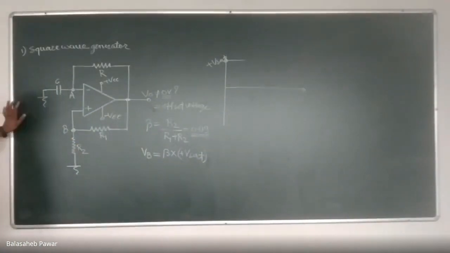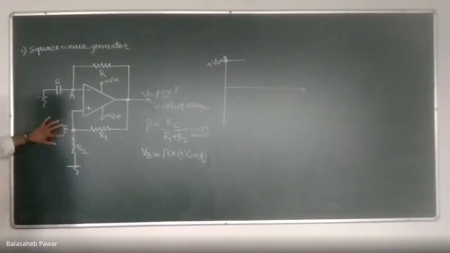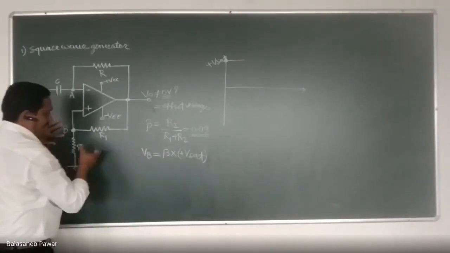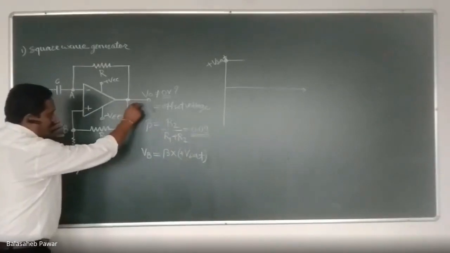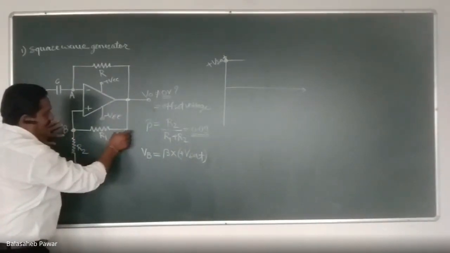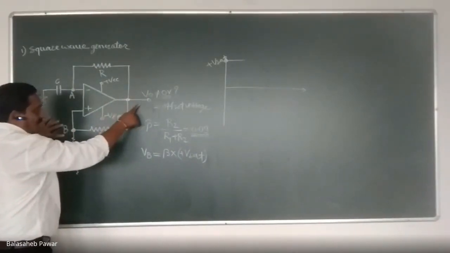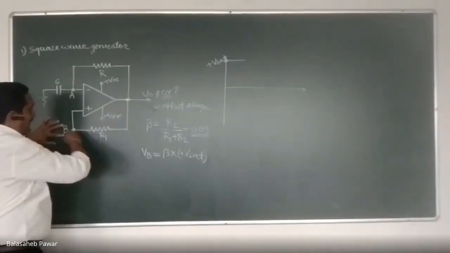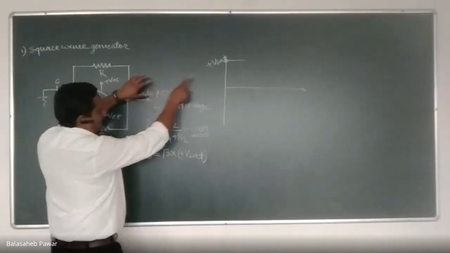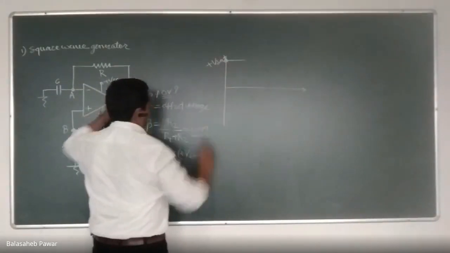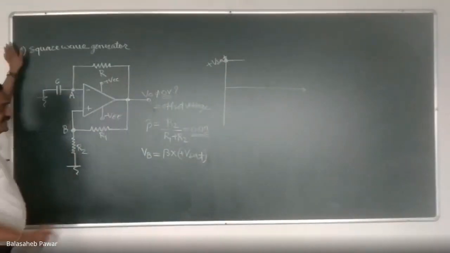Agree? Voltage at B equals beta, the feedback factor, times the source of that voltage. What is the source? That is the output. And how much is the output? Immediately, due to that offset voltage, the output will switch to plus Vsat. Correct? Are you getting it?